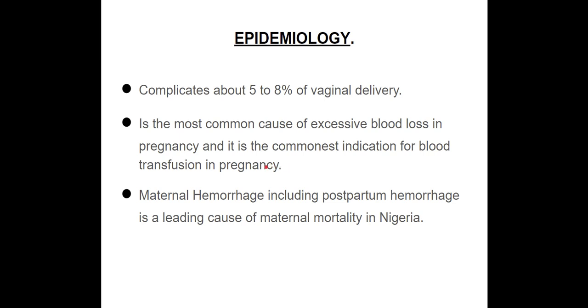These are all common causes of bleeding or hemorrhage in pregnancy. But postpartum hemorrhage is the most common form of obstetric hemorrhage generally. And this obstetric hemorrhage, especially postpartum hemorrhage, is the leading cause of maternal mortality here in Nigeria.